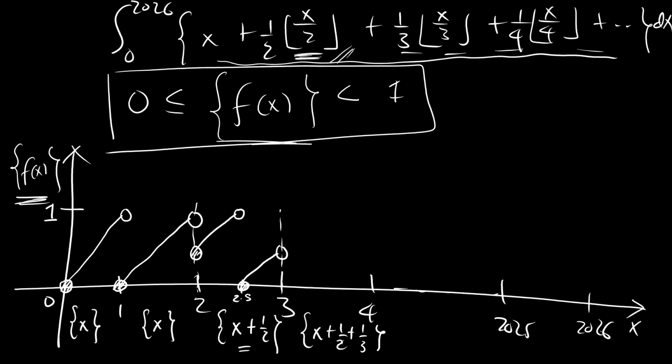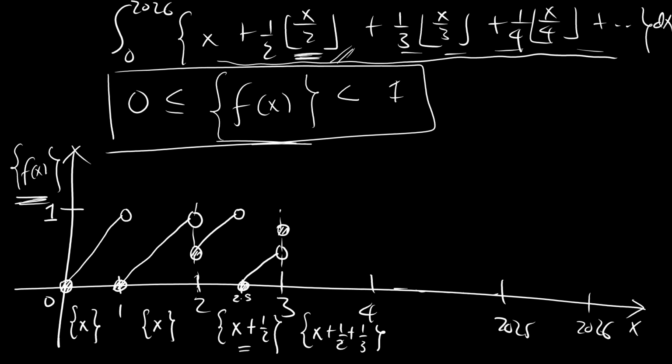Now, a half plus a third is equal to, I think, 5 over 6, right? So 3 plus 2 over 6, yeah. And so what that means is that when x equals 3, the fractional part is equal to 5 over 6. So we take 5 over 6 here.